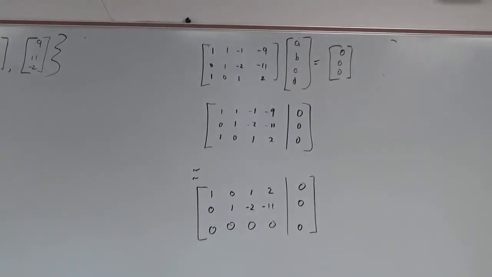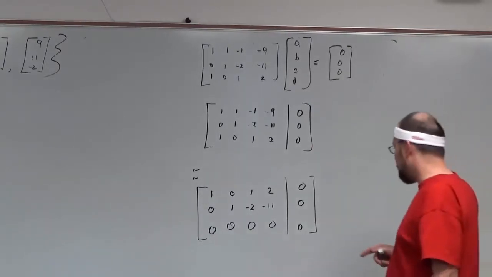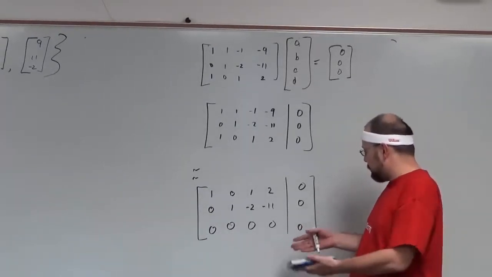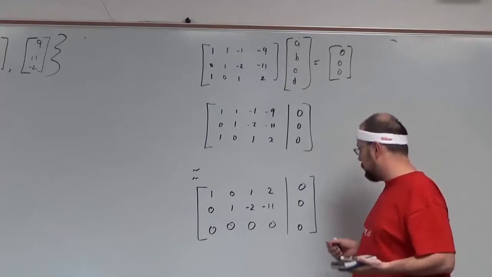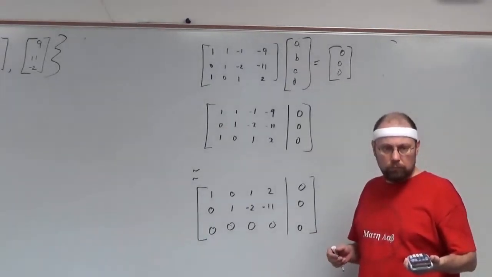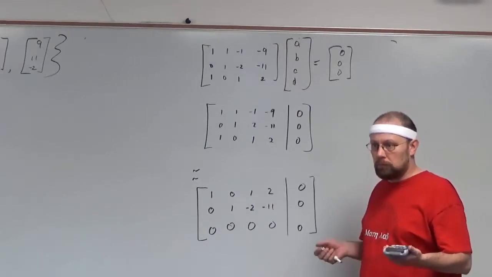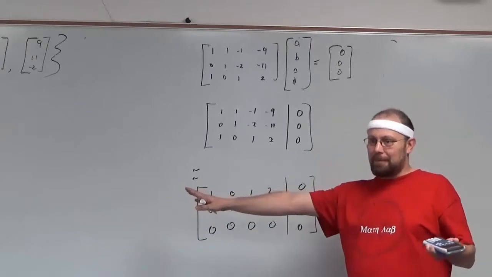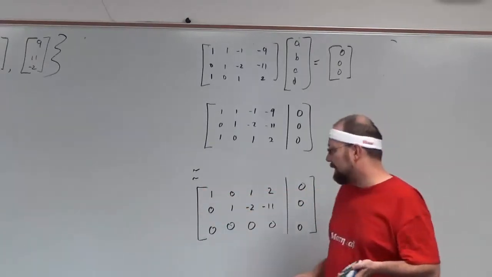So what does that tell me? How do I interpret the results? Well, first of all, in this system, which case are we dealing with: no solution, one solution, or infinitely many? We know that there are solutions, and that's all that matters.